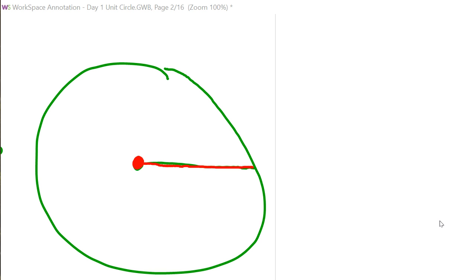Now the next thing you'll have to do is take your piece of string and cut it to the length of the radius. You can just put it on your radius and cut off the extra, or you can measure the radius and cut off that amount of string. If you need a longer piece of string, let me know, I'll get you one.